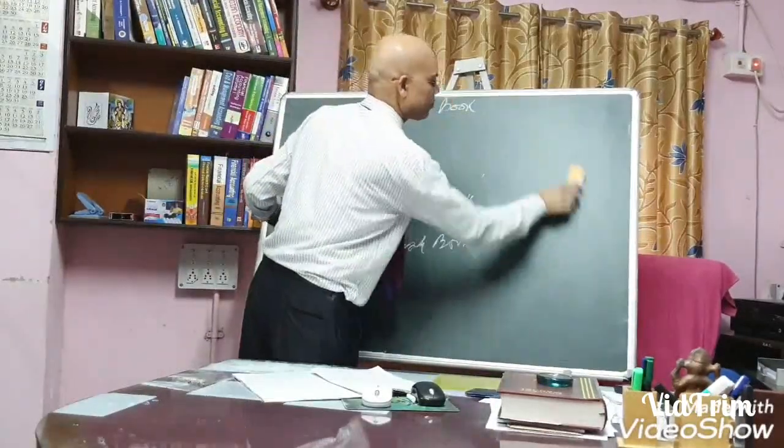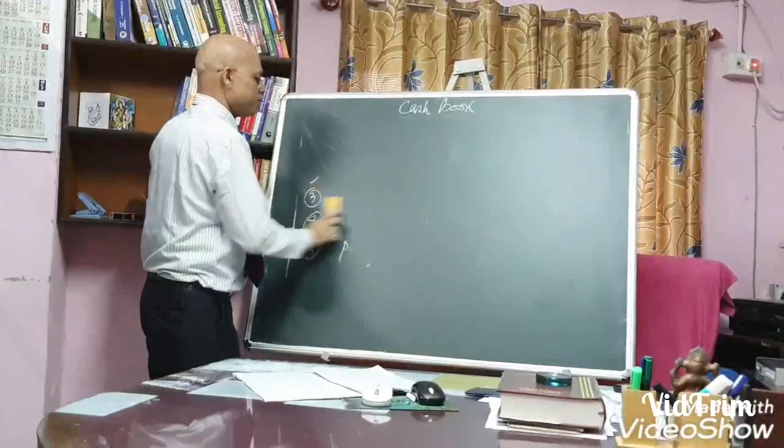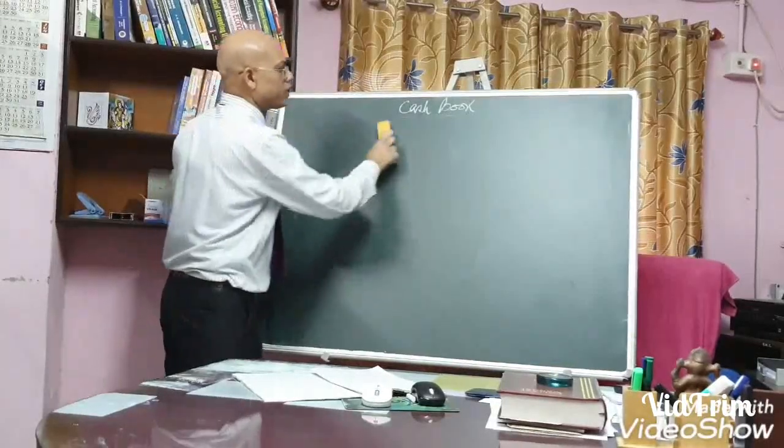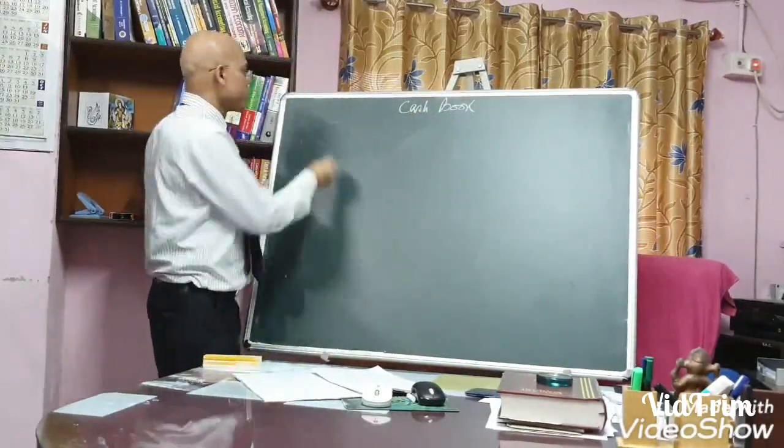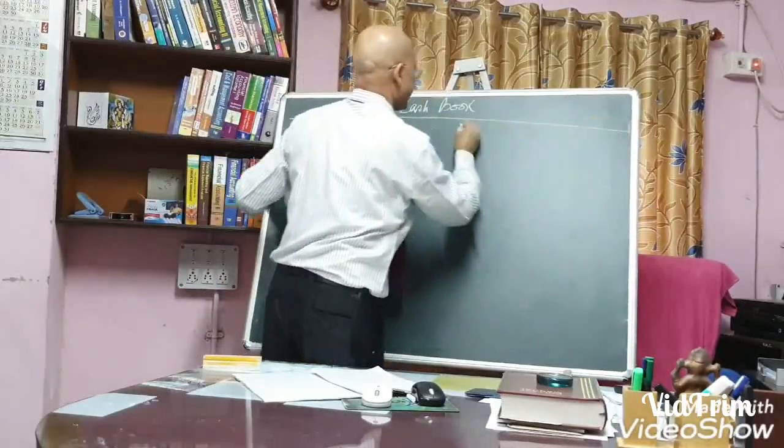Now the part is how the transactions are recorded in cash book. I am showing you a pro forma of a cash book.